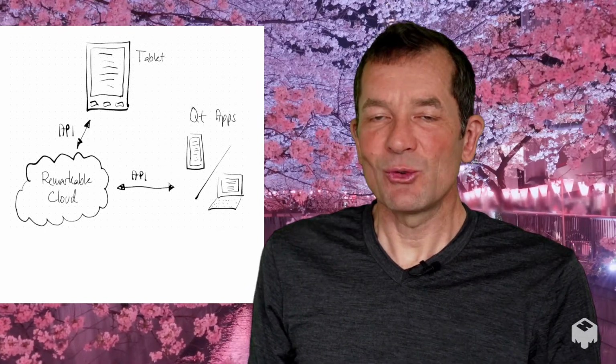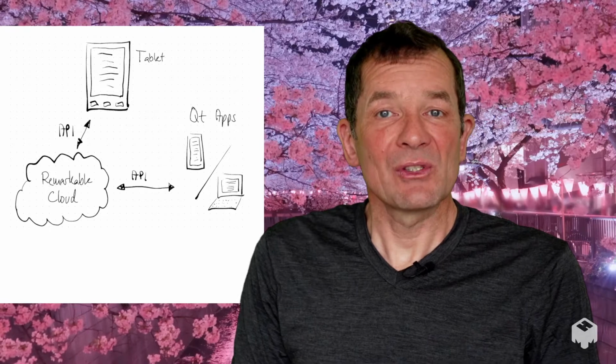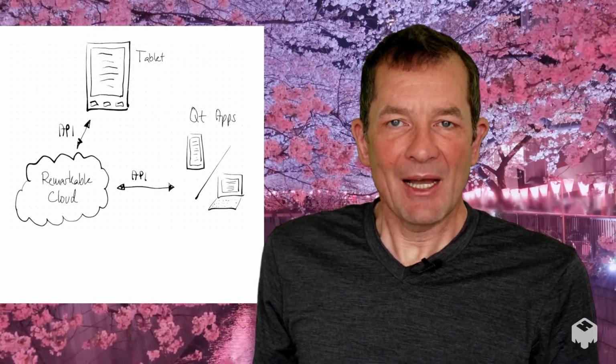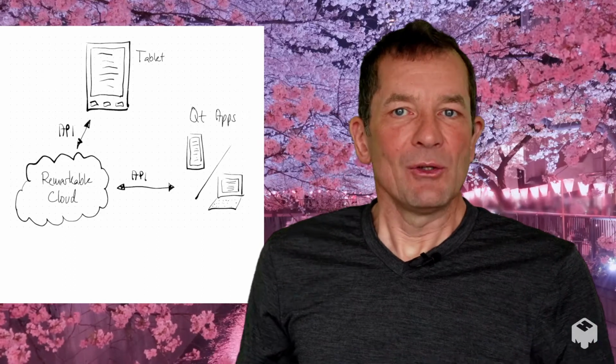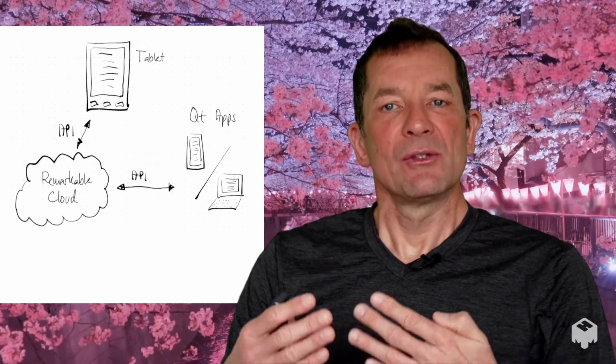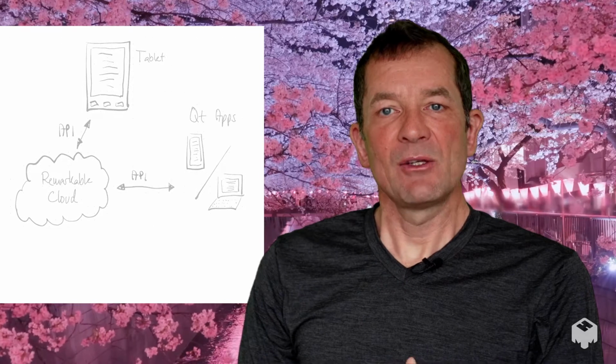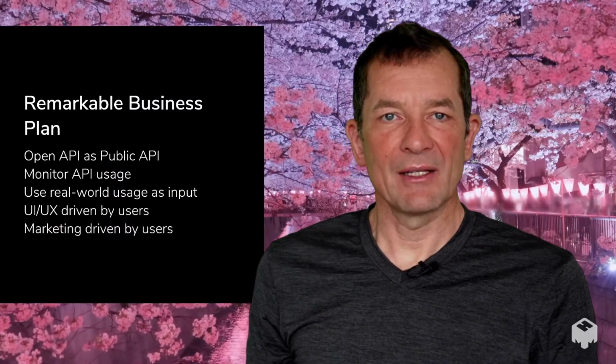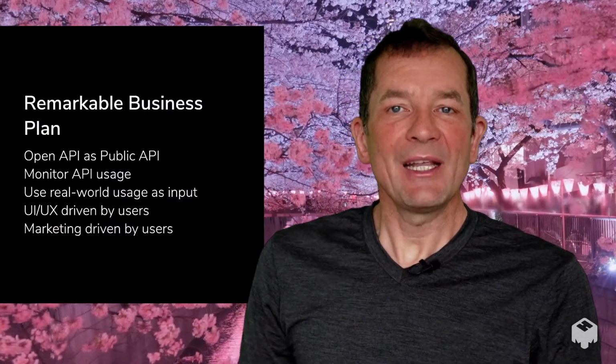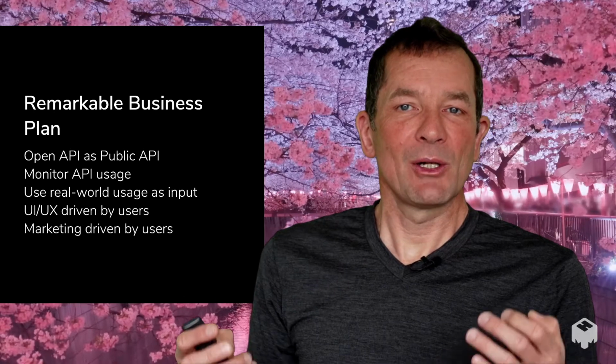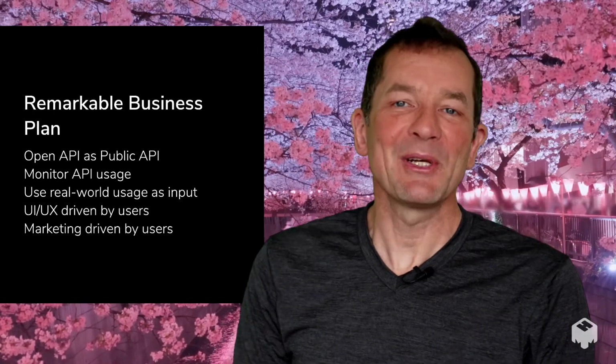But what they can do is they can allow those things to happen. And that's really the magic of an API, right? In the end, you open up certain services and then you allow co-creation of value. And I think this really is what Remarkable should be doing. And other companies, of course, as well.